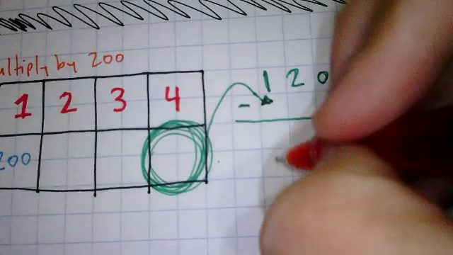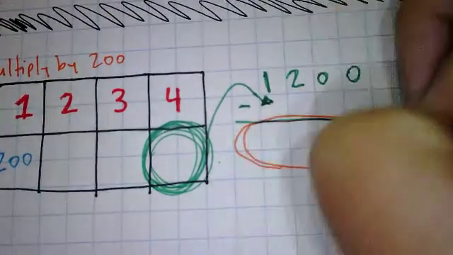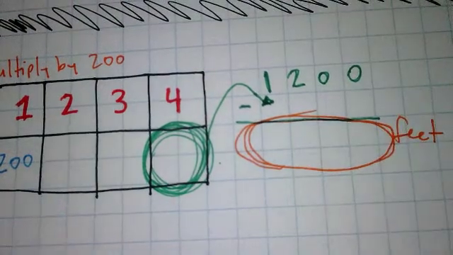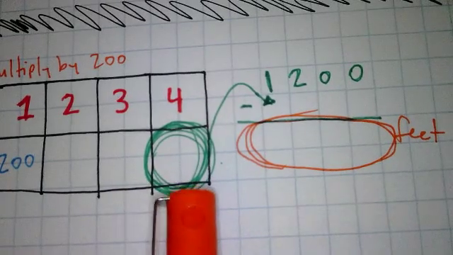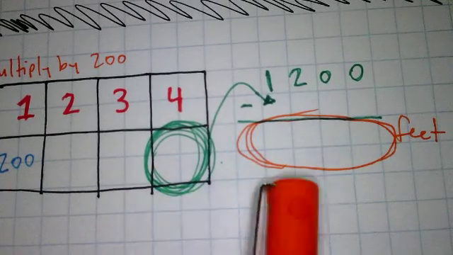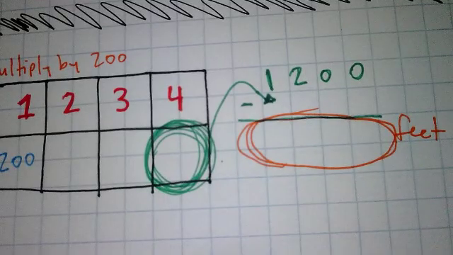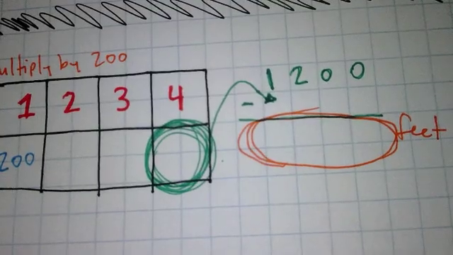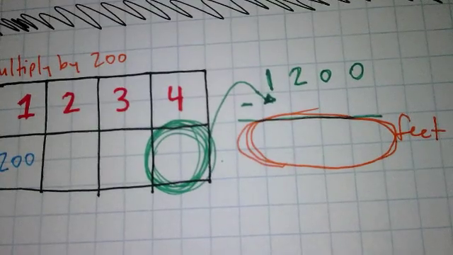And that will be your answer with feet on the end. You'll put feet on it, okay? So you need to finish filling out the table, but this number is not your answer. This number you then need to subtract. Does that make sense to everybody? I will leave that on the board for you for a second.